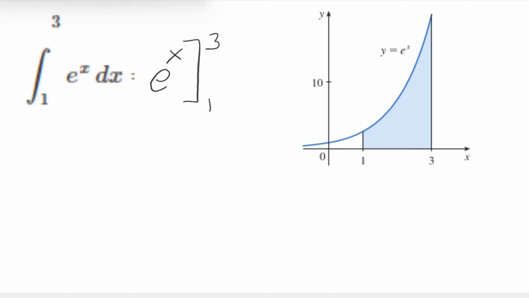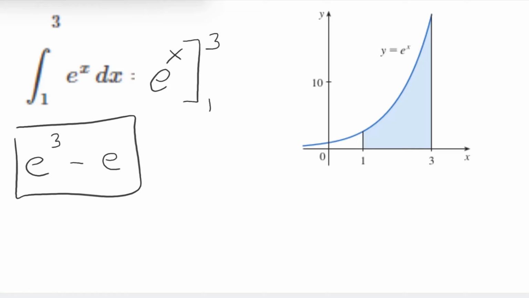All right. So we're going to evaluate this at 1 and 3. So this becomes e to the third power minus e. And that's actually as far as I can go. Just so you can get a visualization of it, this is the area, all this area here.